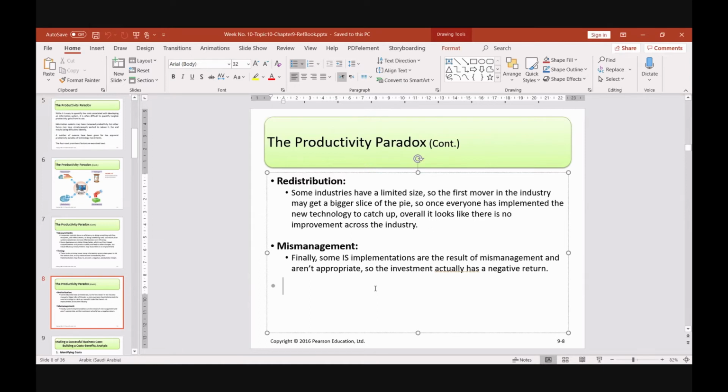So is it going to help the organization? No. So why did you choose this system?